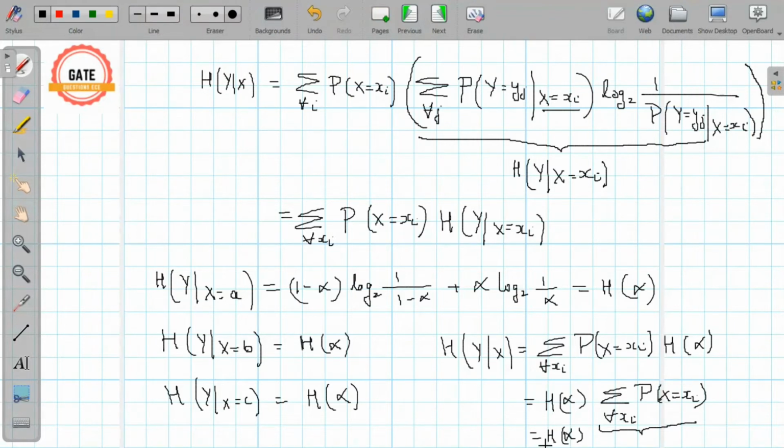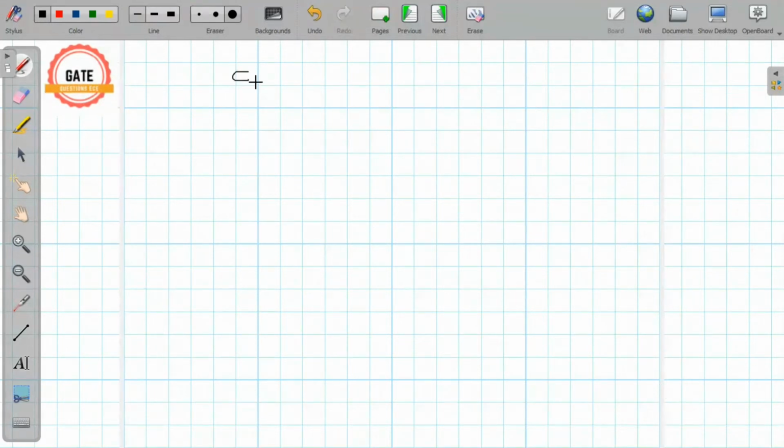So now let's see what the expression of capacity is after we have obtained this transition entropy. The capacity of this channel is the maximum of entropy of Y minus entropy of Y given X, where this maximization is done over all the possible PDFs or PMFs of input X. We have obtained this entropy of Y given X and observed that it is equal to H of alpha.